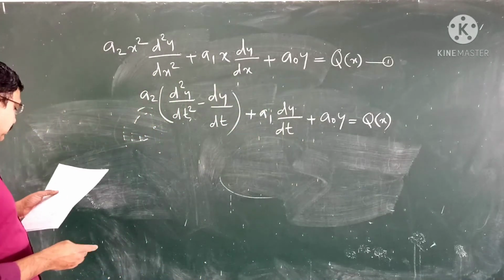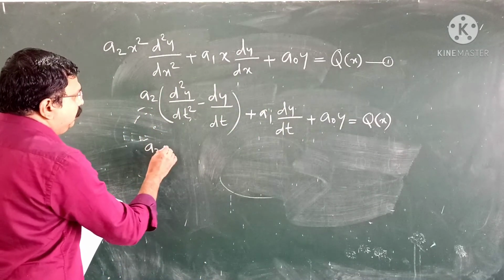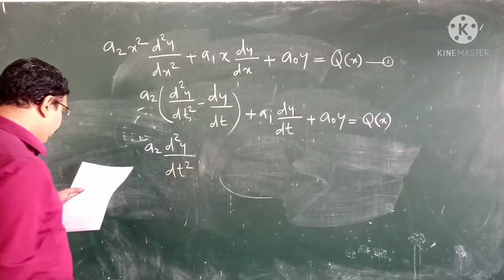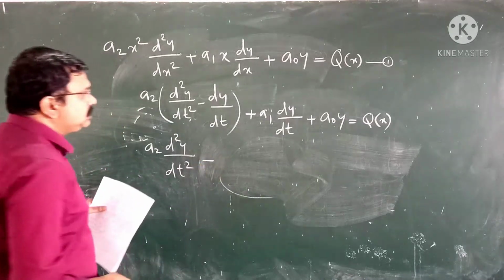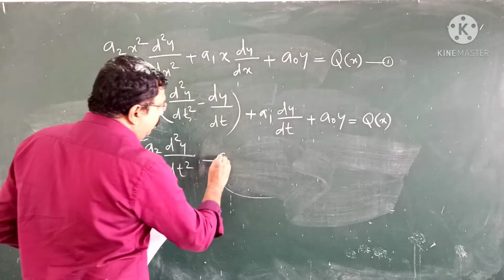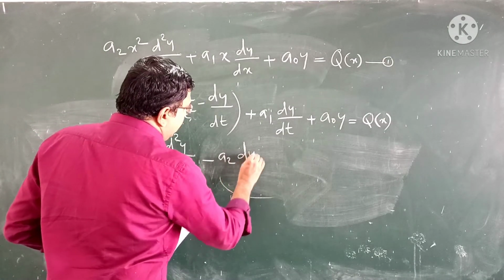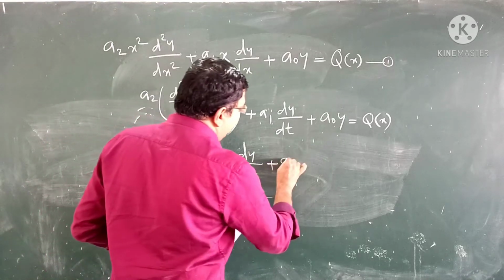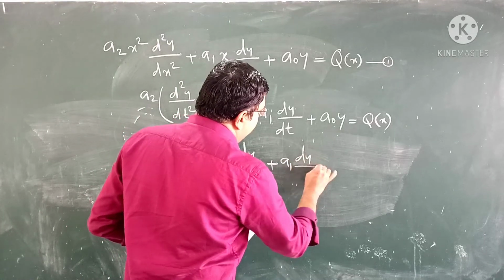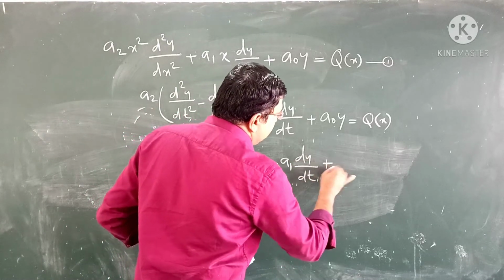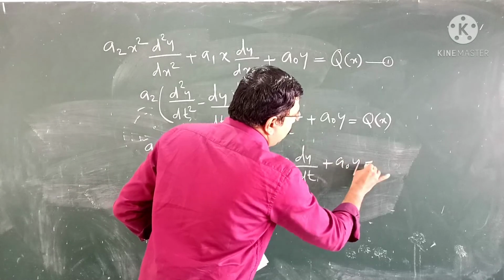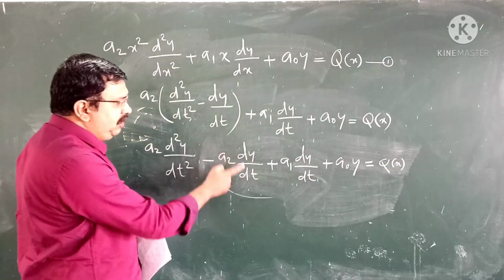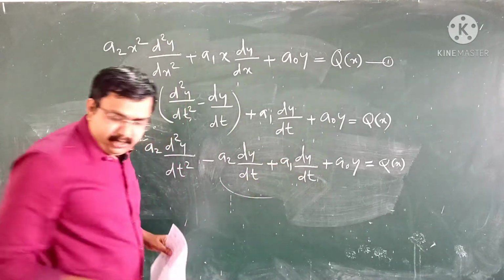Then we can write a2 into d square y by dt square minus a2 into dy by dt plus a1 into dy by dt plus a0 y equal to q of x. Then dy by dt can be taken outside as common.